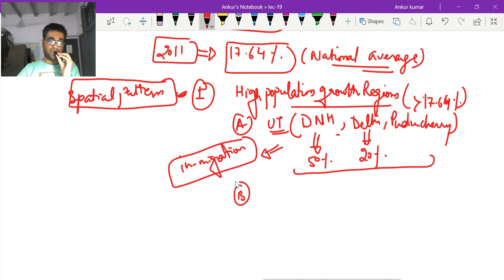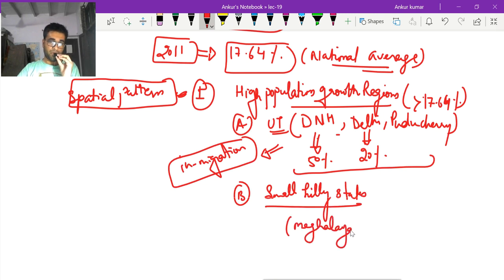The second type of regions which had population growth above 17.64% were the small hilly states. For example, Meghalaya, where the decadal average population growth was 7.8%. Similarly, Arunachal Pradesh, Mizoram, Manipur.